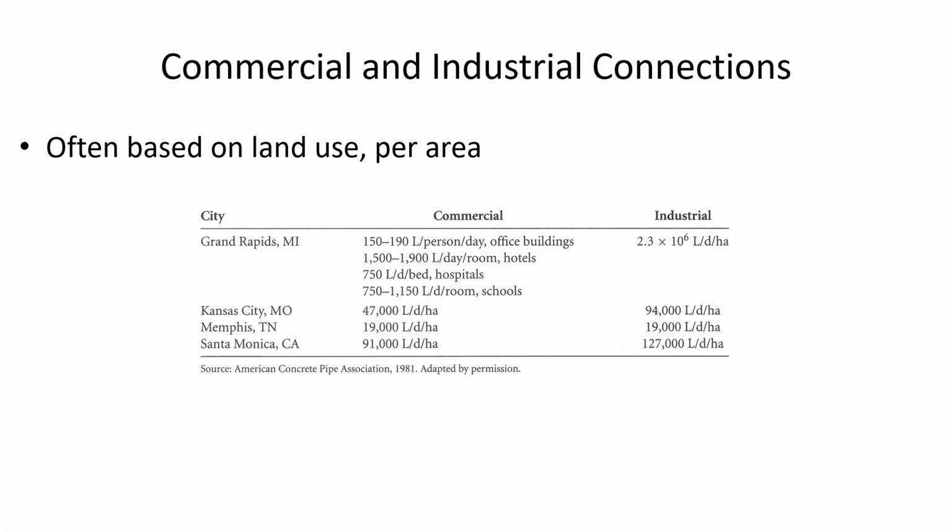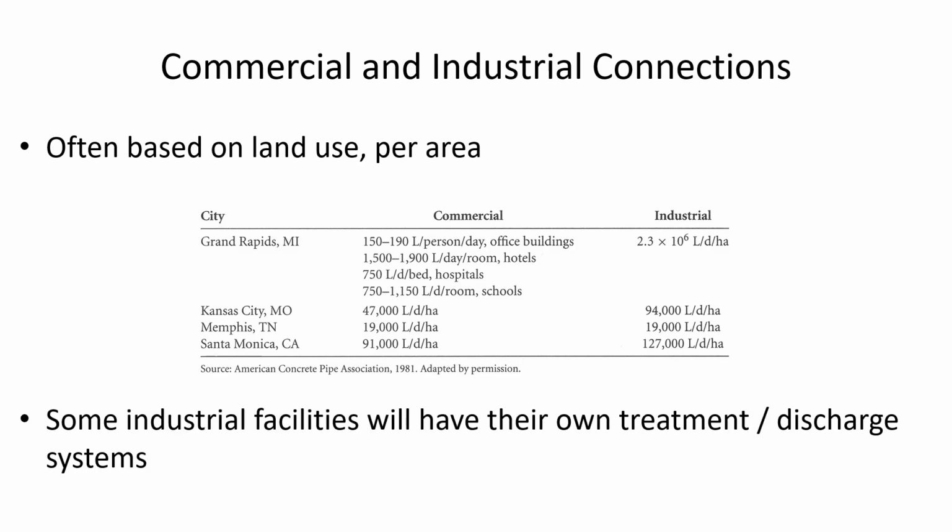There's a wide variety of ways that wastewater is accounted for in commercial areas and industrial areas. Sometimes it's based on the size of the area that's being serviced. Sometimes they'll look at the individual industrial areas that are being planned, and there are some industrial facilities that will have their own wastewater treatment and discharge system.